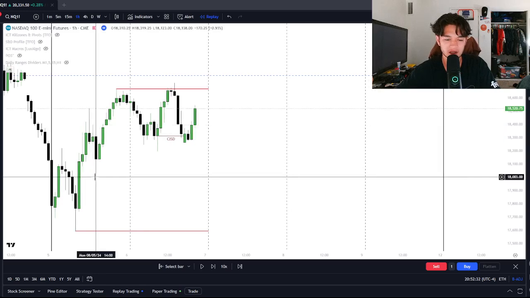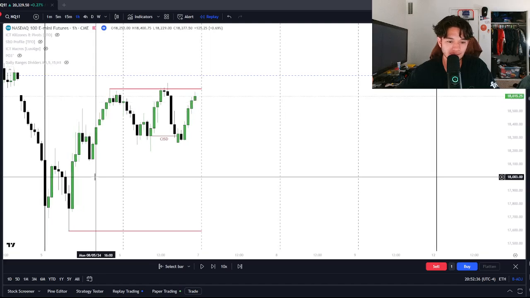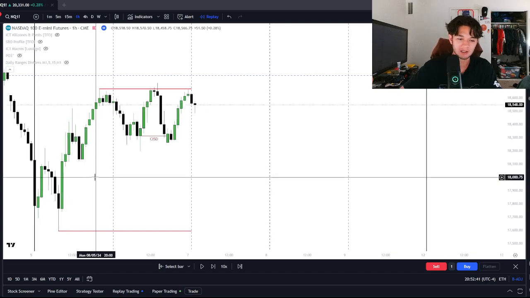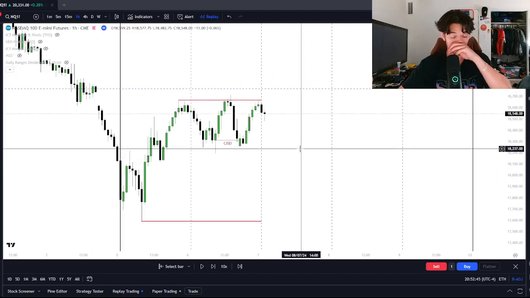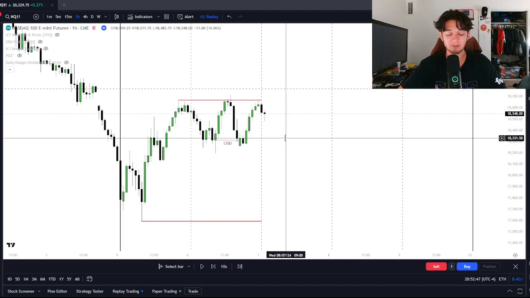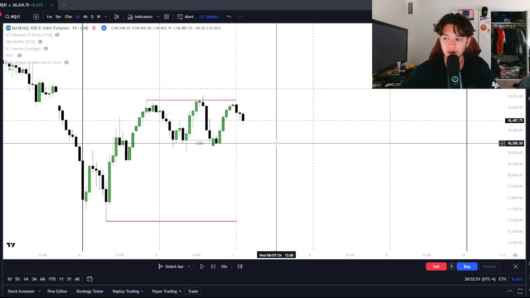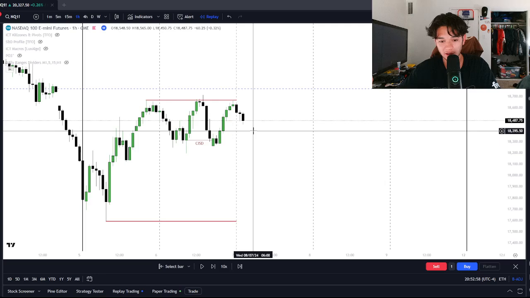Okay, we retrace. Let's see if this value gap holds. So I still wouldn't have a bias coming into Wednesday. I'd probably be looking for a bearish trade because we took the high, but probably would want to see a Wednesday manipulation. So that would be consolidation. That'd be midweek reversal. See what happens though.